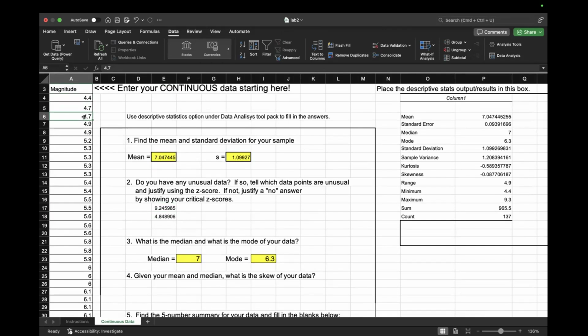If I figured out that 4.7 is an outlier, I know 4.4 is an outlier. If you find out that one is, you know that any beyond that are also going to be an outlier. So you can just show me, hey, 4.7 is an outlier, and then obviously 4.4 is also an outlier. You can just mention it.